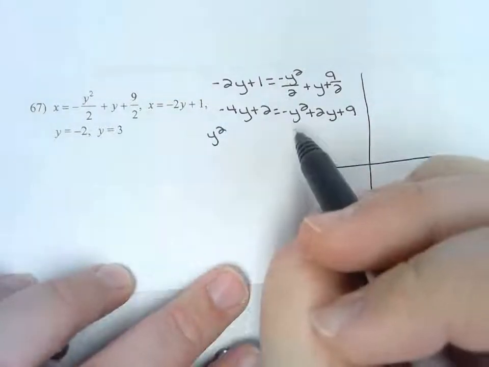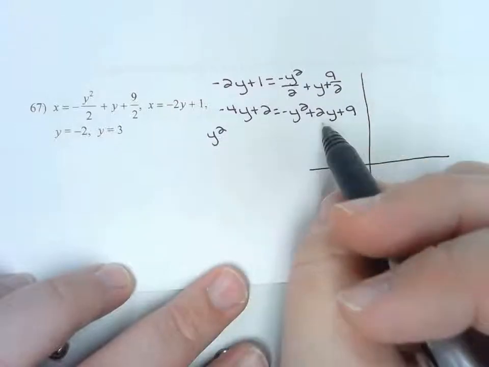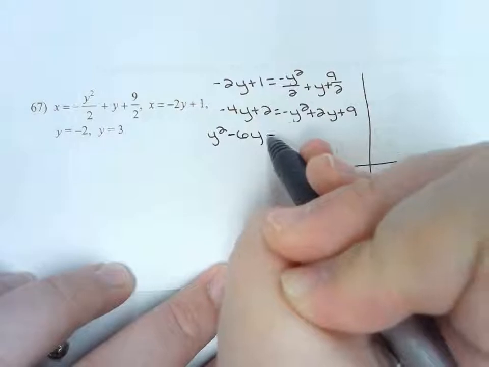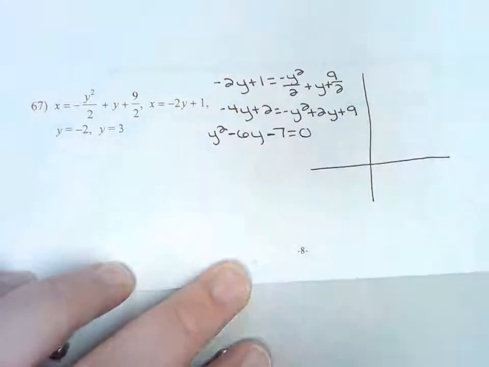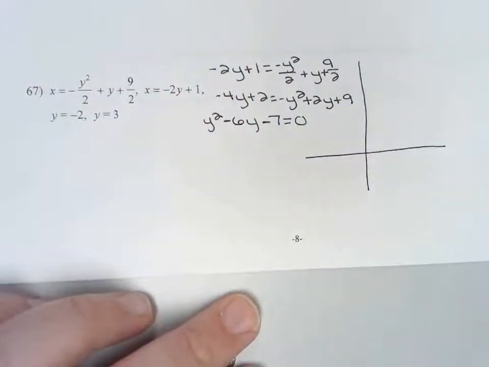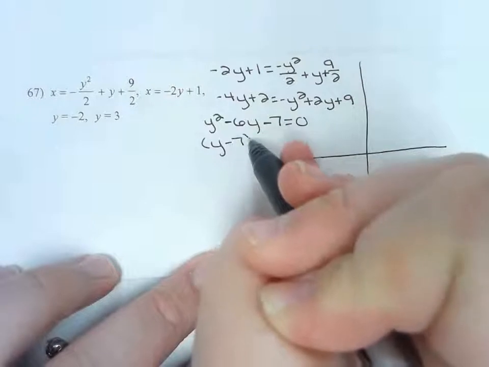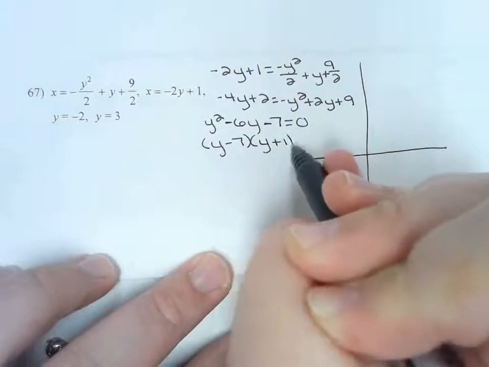It may make factoring easier. So add y squared over, subtract 2y, so negative 6y, minus 9, negative 7, with the numbers on top. Factor this. This will be y minus 7, y plus 1.